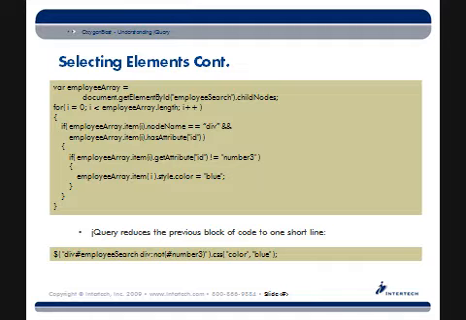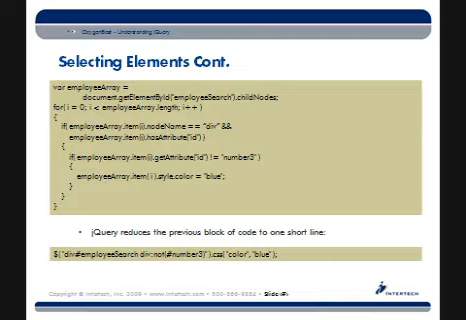If it satisfies all of those conditions, then I'll change the color to be blue. So you'll notice here I've got my for loop up at the top. I do all my checking, and eventually I change those elements to be blue. jQuery is going to reduce all that code that you see above into one short line.